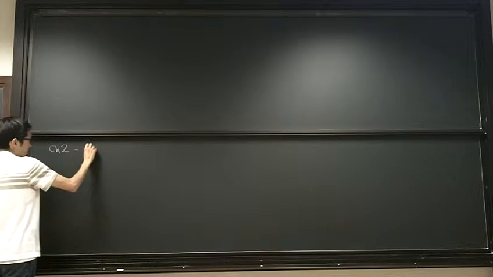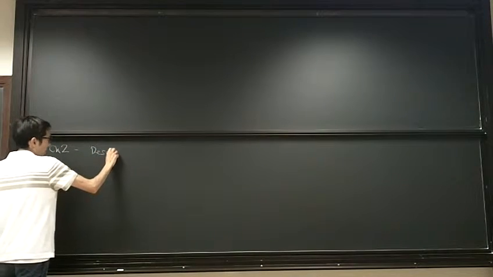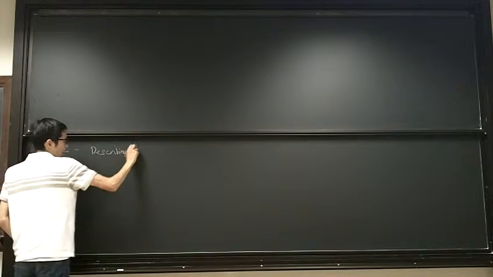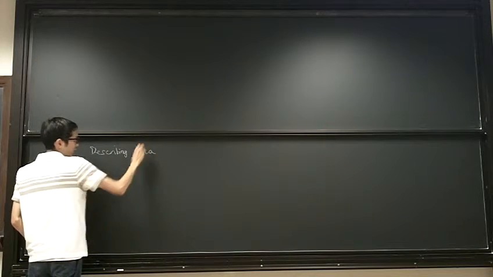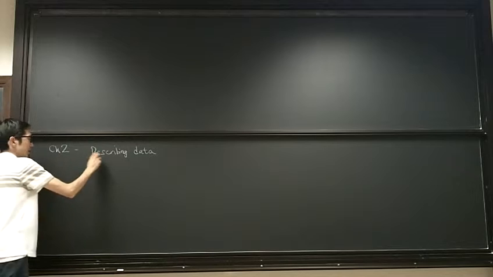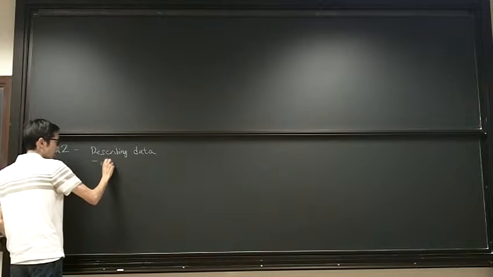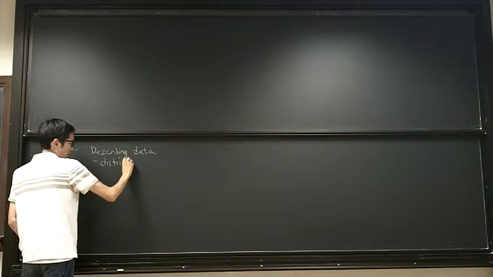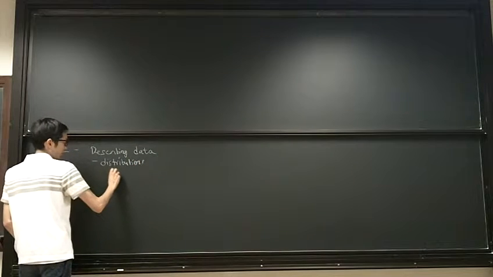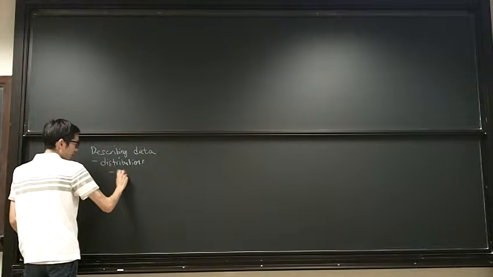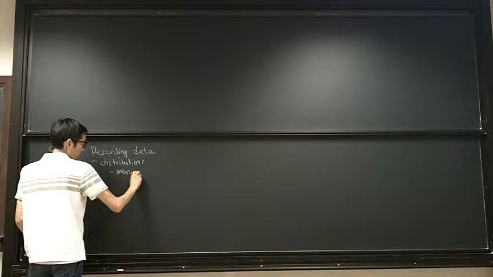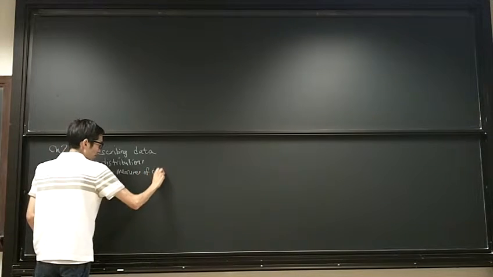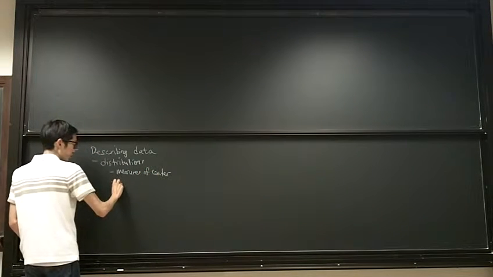Okay, and so last week, or from chapter 2, we learned about describing data. We learned distributions, and we have measures of center, dispersion or spread.